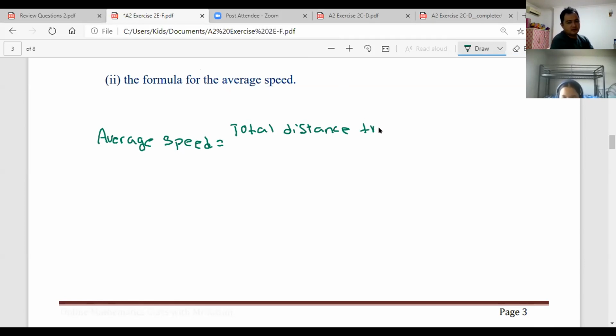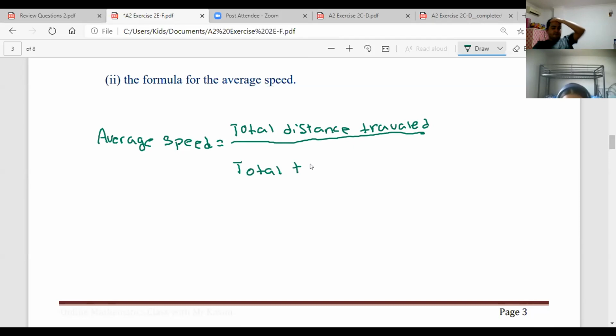This is how we find it, Shahina. Equals, continue from the new line.